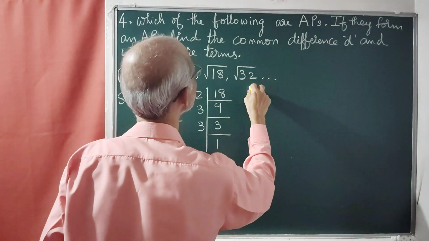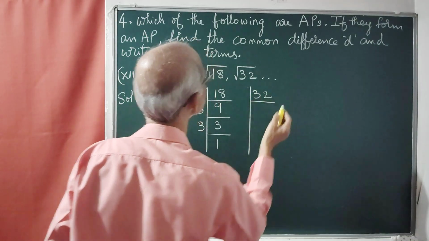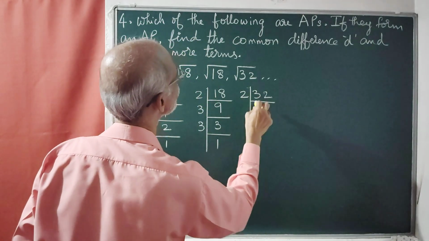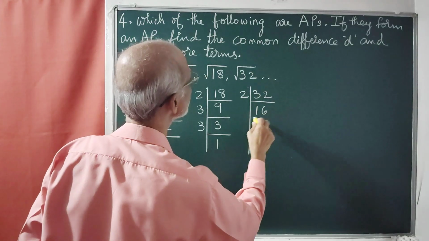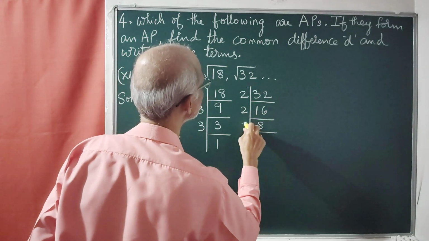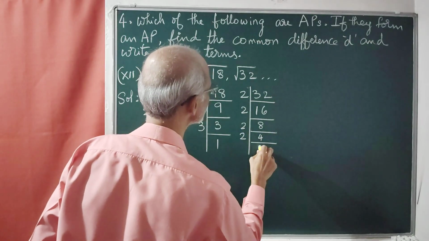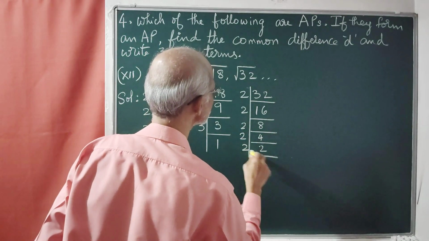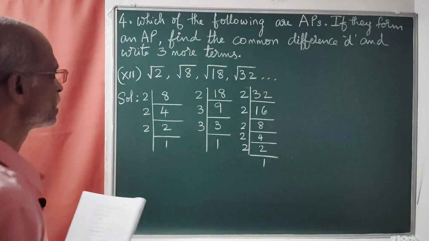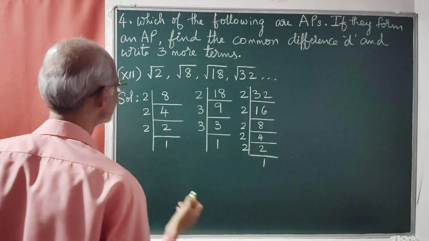Next, for 32 also we'll find out. 2 1s are 2, 2 6s are 12, 2 8s are 16, 2 4s are 8, 2 2s are 4, 2 1s are 2. Now we will try to write root 8 in the simplest form.